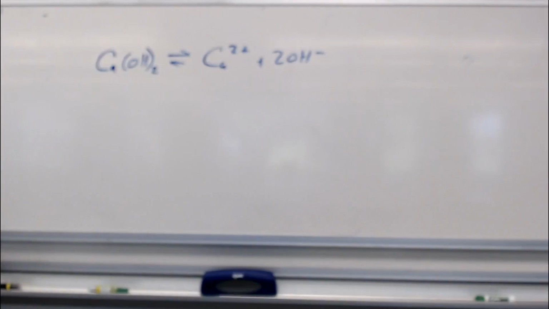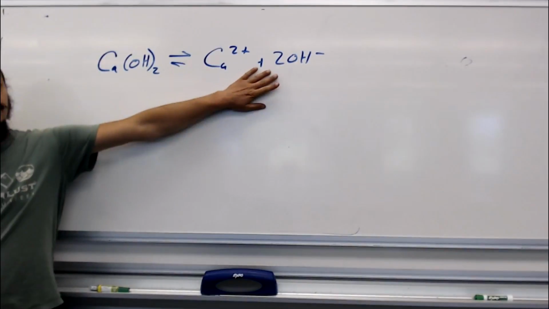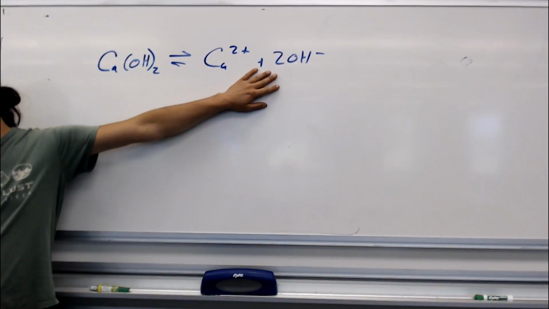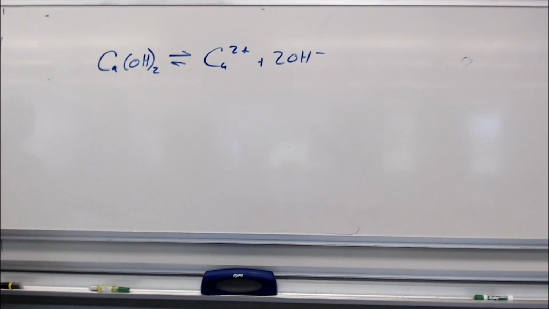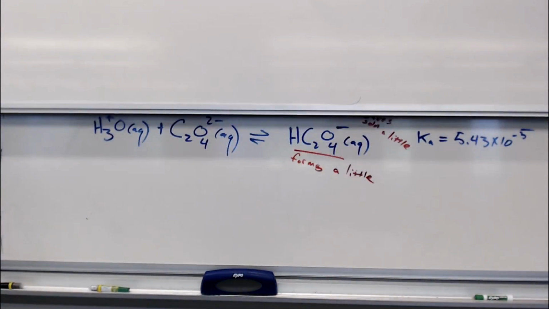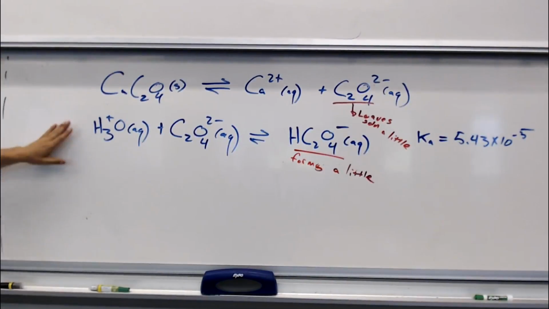Clearly, if we increase the hydroxide concentration by increasing the pH, that would decrease the solubility through the common ion effect. That's the best example I can think of off the top of my head. Any of our hydroxide salts will have their solubility decreased by an increase in pH. Okay, so that's part B.